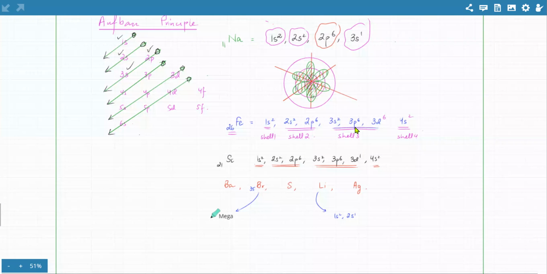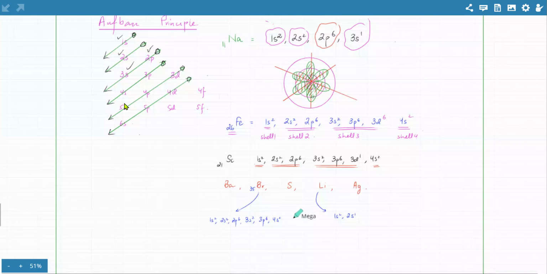Okay, let's quickly do this. 1s2, 2s2, then 2p6 following this table. Then 2p6, 3s, 3p, 4s. So after 2p6, it's going to be 3s2, then 3p6, then 4s2.